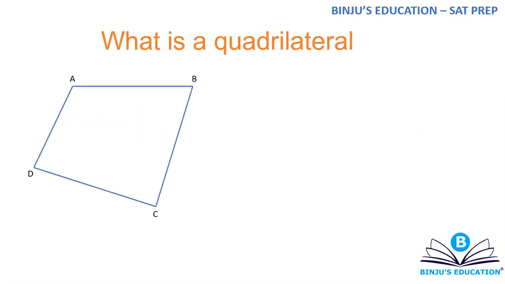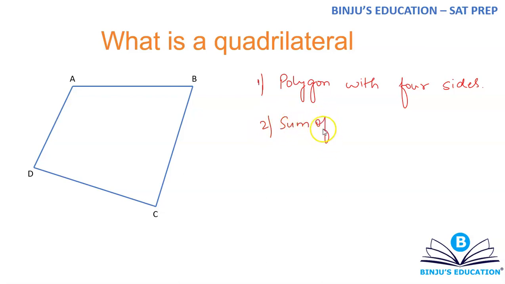The first one is what is a quadrilateral. So let's first understand what exactly is a quadrilateral. In simple terms, you can define a quadrilateral as a polygon with four sides and sum of internal angles equal to 360 degrees, because the formula is simply (n minus 2) into 180.